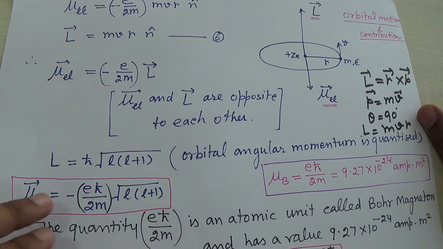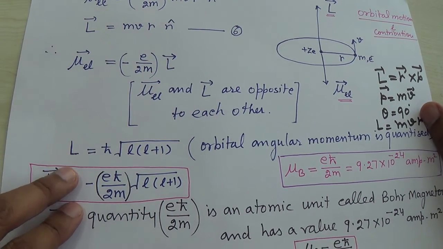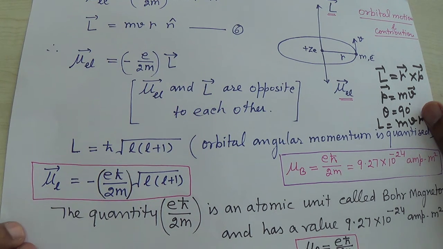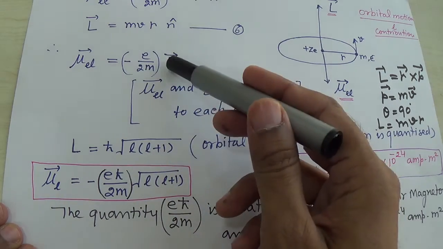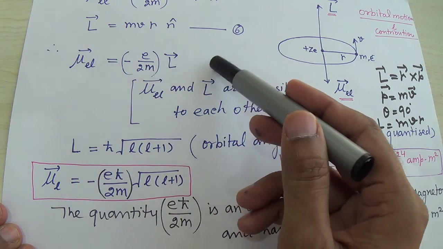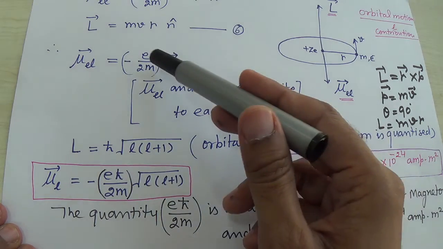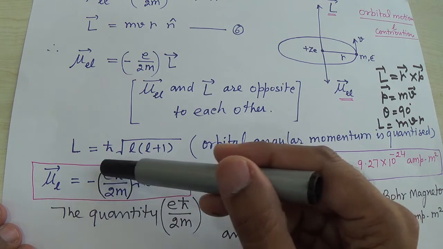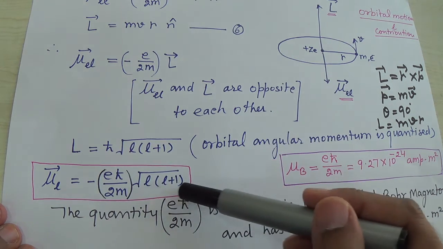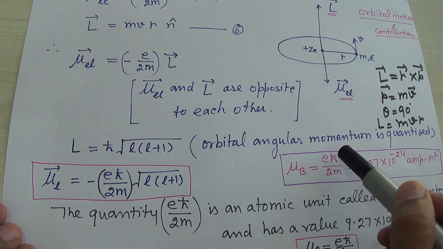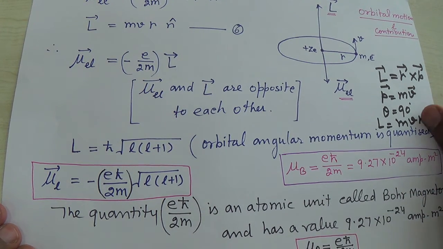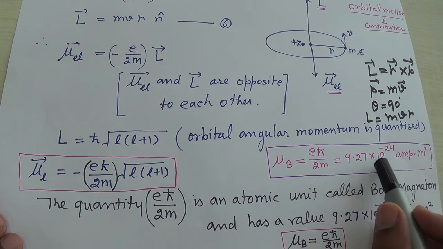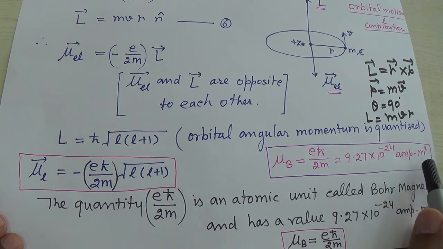By putting the value of orbital angular momentum, mu_L becomes minus e h cross upon 2m times square root of l into l plus 1, where this quantity e h cross upon 2m is known as the Bohr magneton, and the value of it is 9.27 into 10 raised to the power minus 24 ampere meter squared.